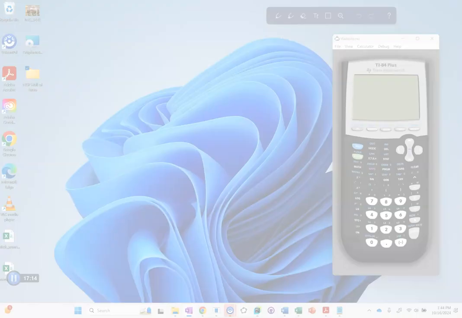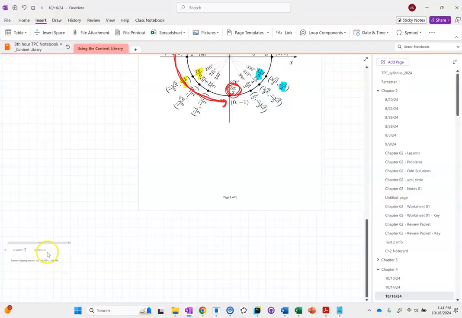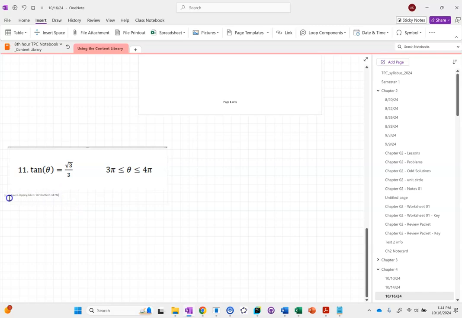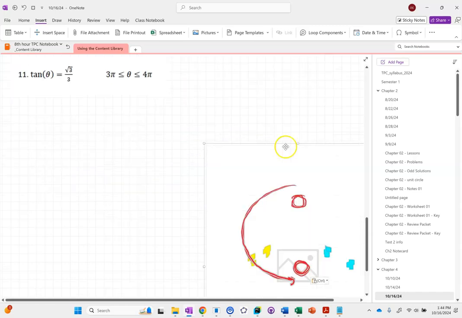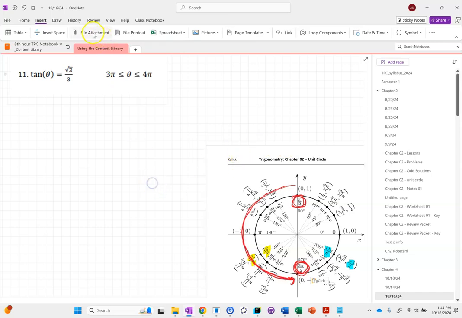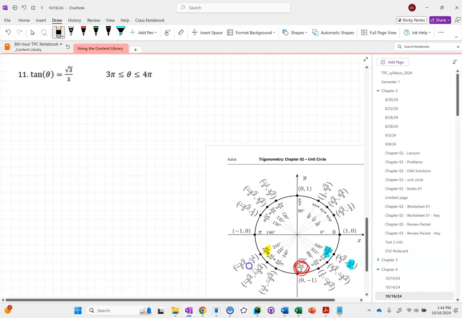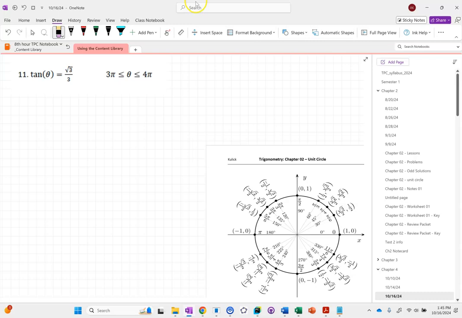I think that 11 was the worst one, or at least the trickiest one, if you ask my opinion. Okay. All right. So the tangent ones are the worst ones.